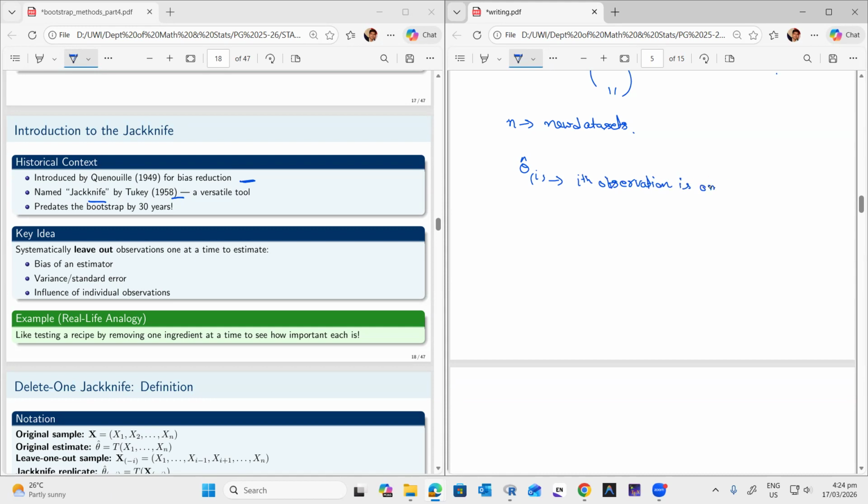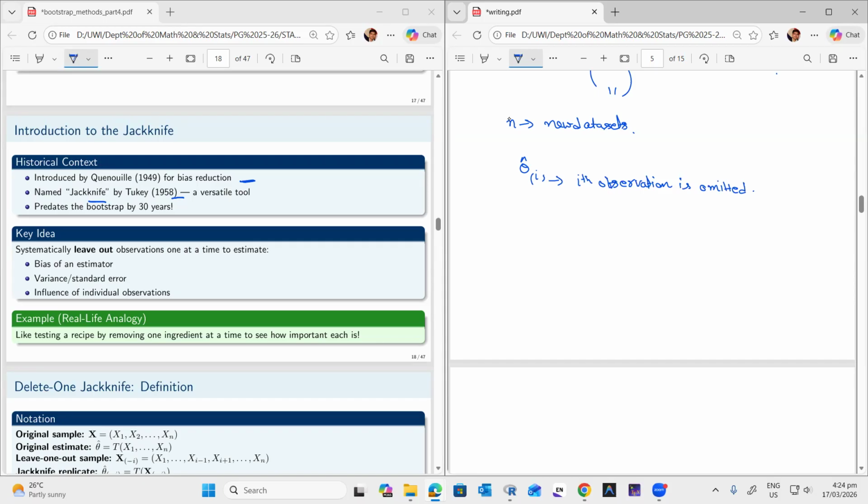So the idea is to study how the estimates change when each observation is removed, thereby revealing the property of the estimator and the influence of individual data points.